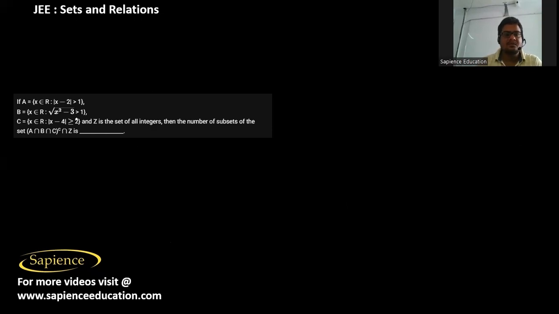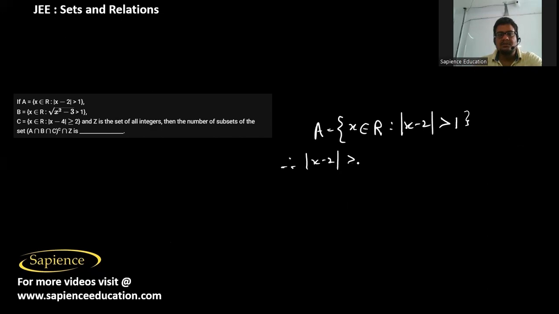Then here it is told, if A is the set of all those values x such that x belongs to R, such that mod of x minus 2 is greater than 1. So therefore mod x minus 2 is greater than 1, it means I can say either x minus 2 is more than 1 or x minus 2 is less than minus 1.